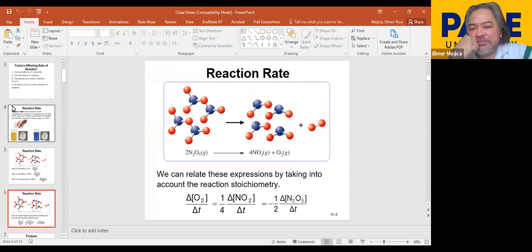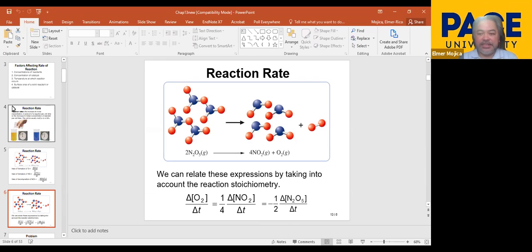We also discussed the expression on how we relate the rate of reaction with all the species that are involved in the reaction. The way that we express this is that the reaction rate is equal to the reciprocal of the stoichiometry of your reactants or products, compared with the reciprocal of the stoichiometry of the other reactants and products.